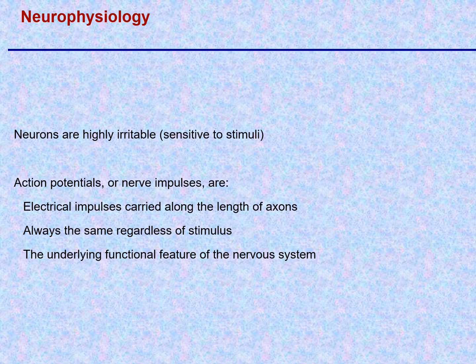This is how the nervous system communicates with itself, how neurons communicate with each other, how information comes into the nervous system, how information is processed and evaluated, and then how signals are sent out to effector tissues like muscle or glands.